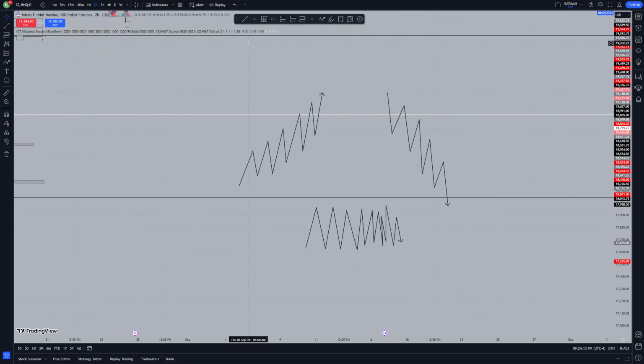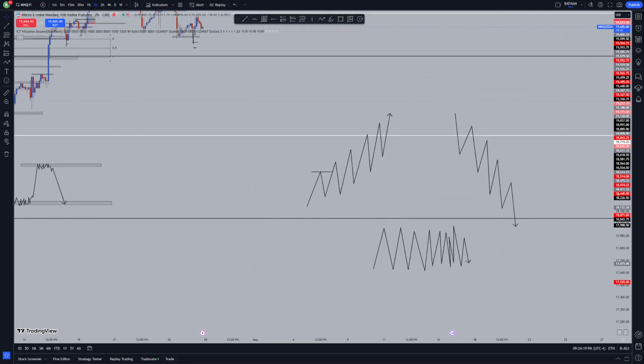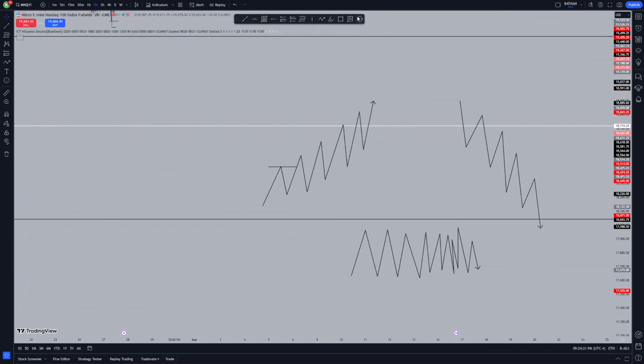So basically, a bullish sentiment is a price that forms a higher high, a higher low, and then it breaks the previous higher high right here. Why?